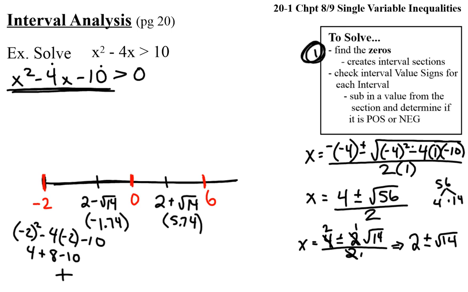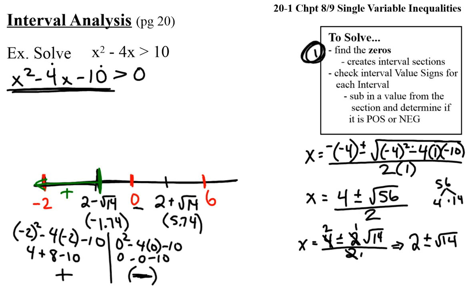So we know this area here are positive values. So I now want to check my middle interval. My middle interval, I'm using 0. 0 squared minus 4 times 0 minus 10. 0 minus 0 minus 10. Well, we know that's going to be negative.